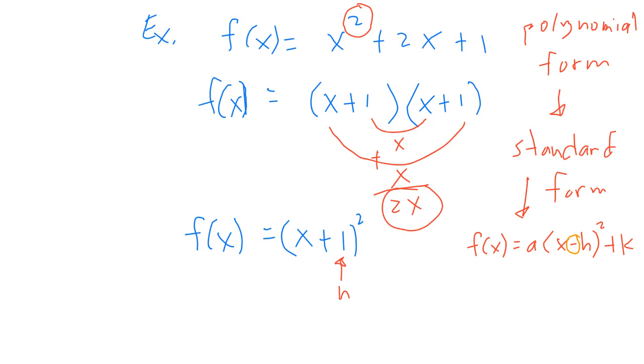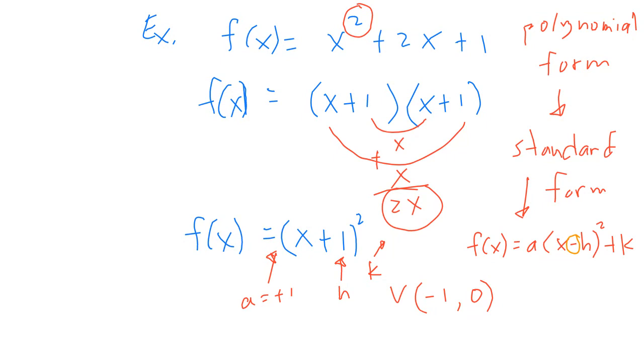So our vertex is at -1, comma. Now you don't have a k. K is supposedly here, and it's missing, so that would be 0. Looking at our a here, it is 1, which is a positive 1, so it means the parabola is opening upward.